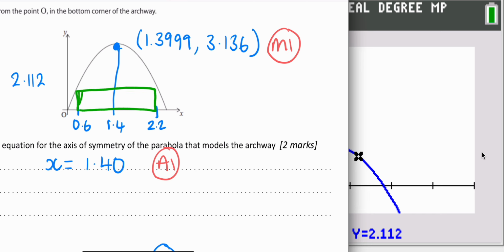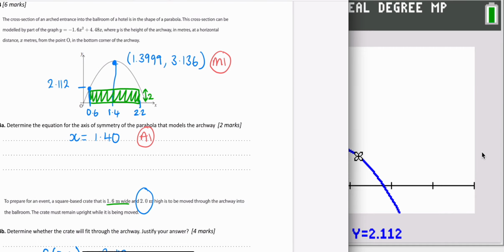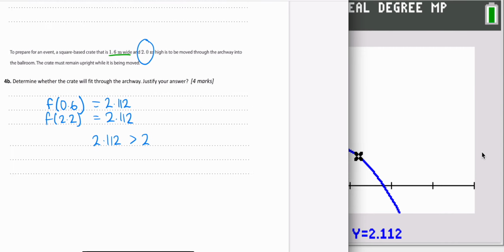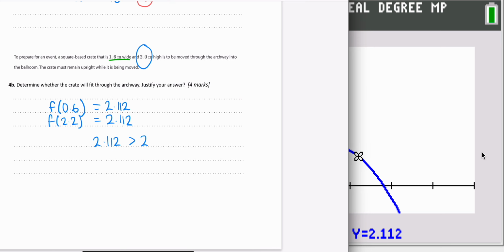And I now know that my crate is 2 meters high, but at 0.6, the graph is actually 2.112 high. So therefore it will fit in, it goes underneath. So we can see there that therefore it will fit, and you can justify that at the end. Yes, the crate will fit, the box will fit, whatever you want to call it.